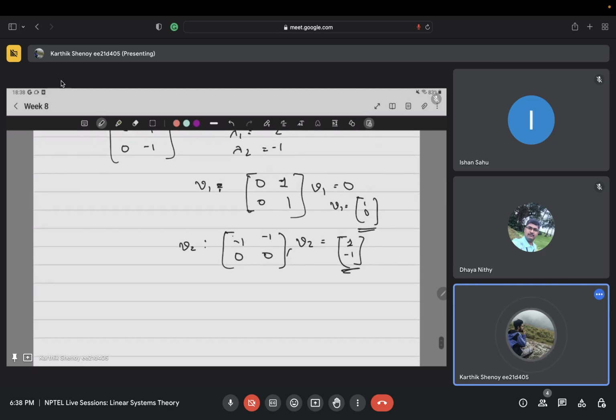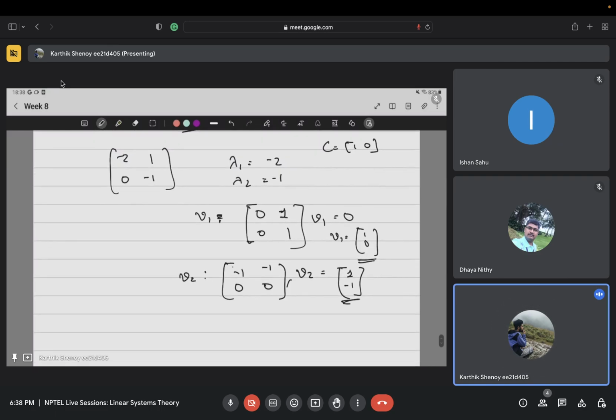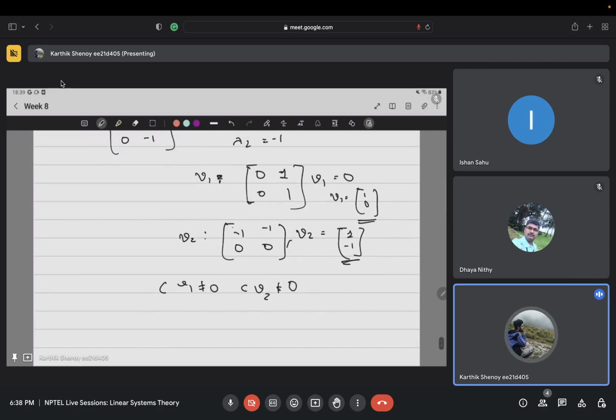So is anything in the kernel of 1 0? No, because C times V1 is not 0, and C times V2 is not equal to 0. Now when can this be 0?